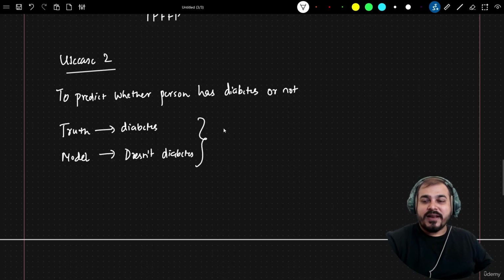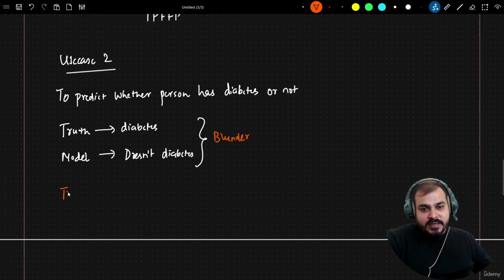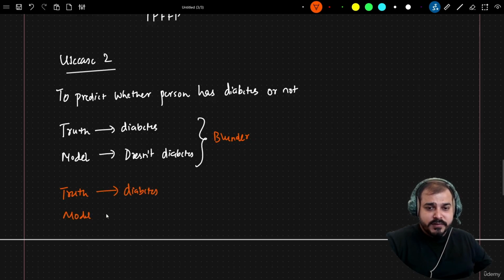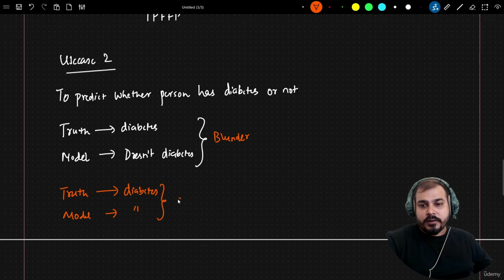Then this is also a very big blunder, right? This is a very big blunder, because if the person has diabetes, my model should be able to predict that the person has diabetes. Let's say in truth, if the person has diabetes and my model predicts it has diabetes, then this is good, right? My model is performing absolutely fine.